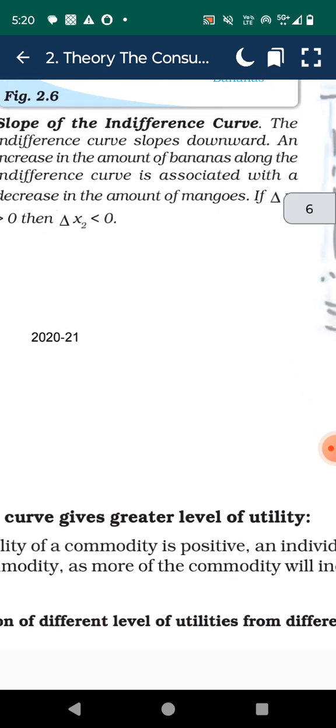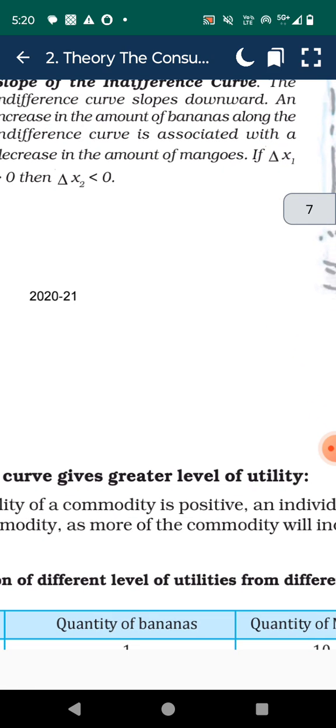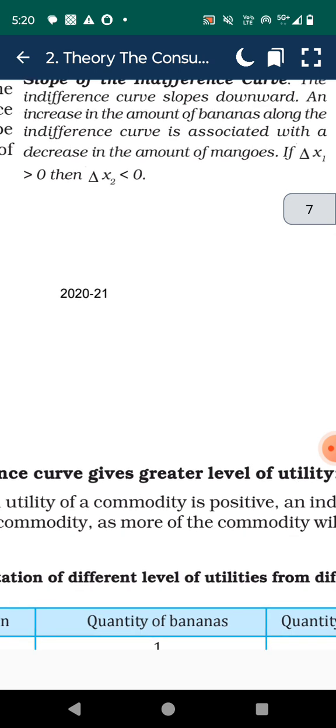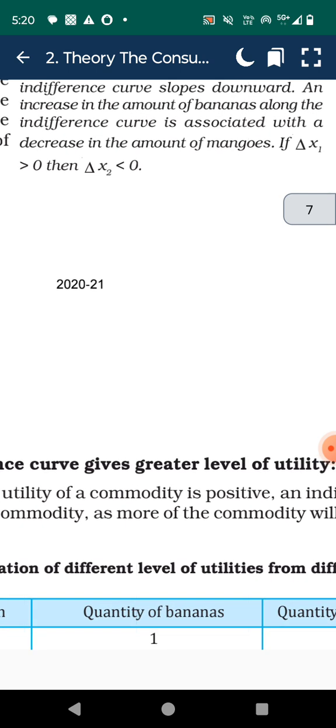Slope of indifference curve. The indifference curve slopes downward. An increase in the amount of banana along the indifference curve is associated with a decrease in the amount of mango. If delta x1 is greater than 0, then delta x2 is less than 0.